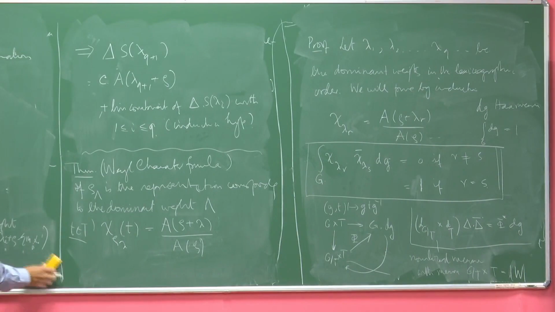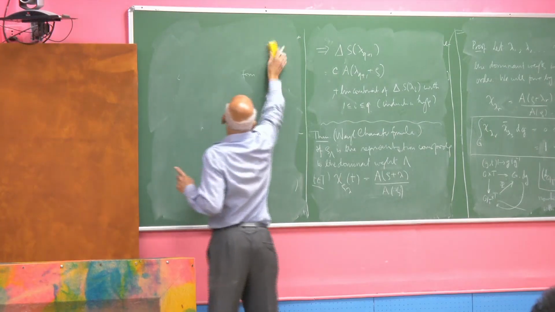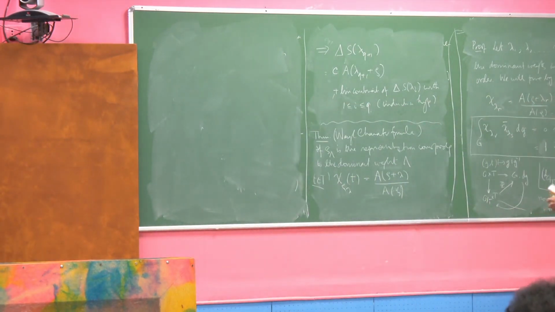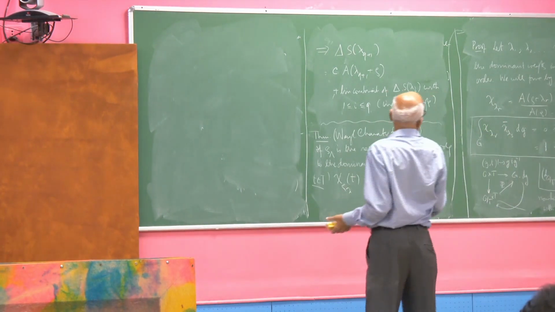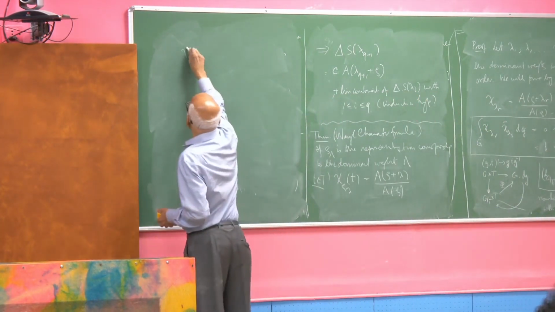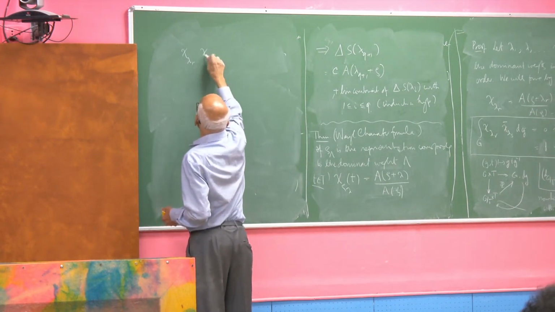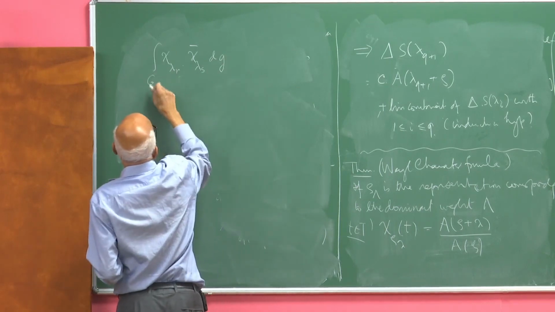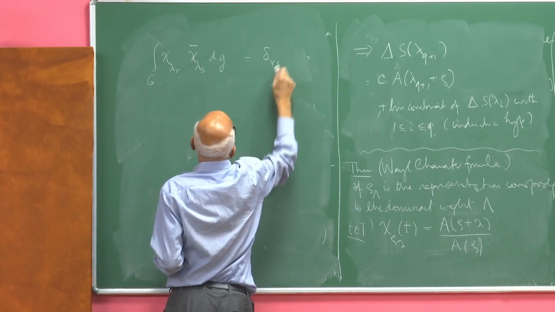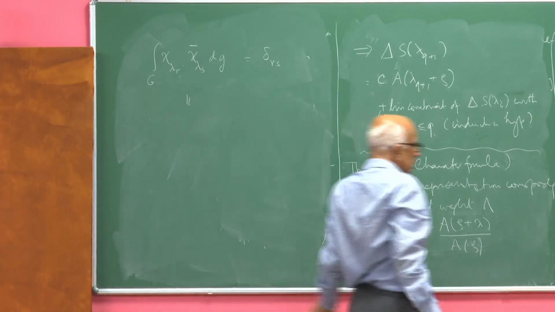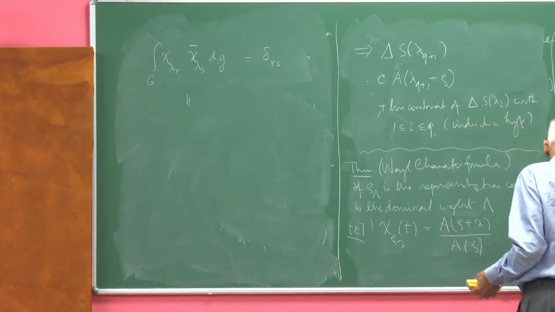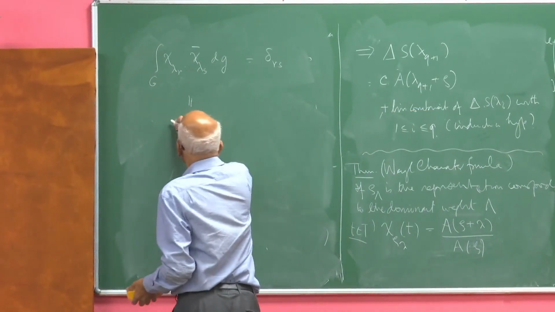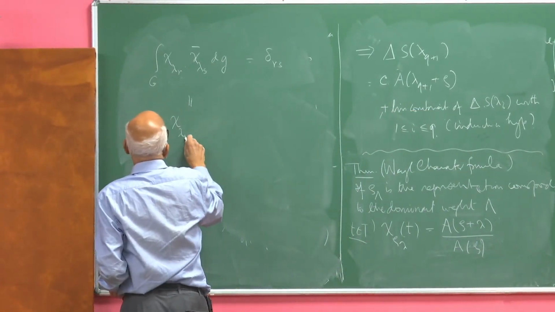So what we want is to integrate. Let us see what happens to the integral when I pull back. The integral of chi lambda r times chi lambda s bar dg on the group G is equal to delta rs with normalized measure. When I pull back, I can pull back the function and integrate it here.